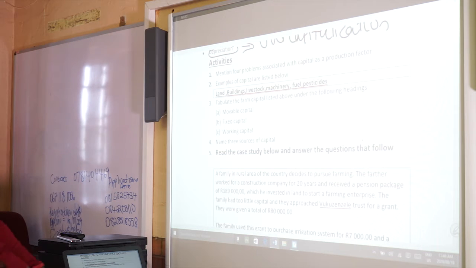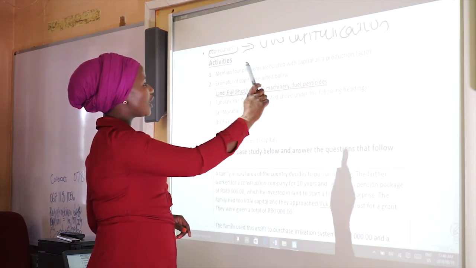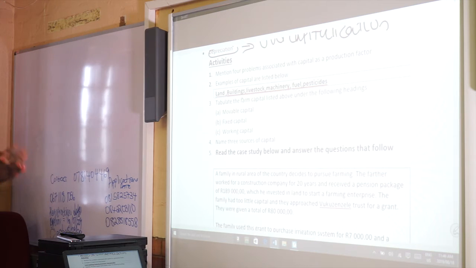When we're moving on to question number 2, we are given in a box the land, the buildings, the livestock, machinery, fuel, and pesticides. What is expected from the learner is to take these examples of capital and put them into the category that they belong to. For example, a movable capital, we've got an example of what? Of machinery. A fixed capital, we've got an example of land and buildings.